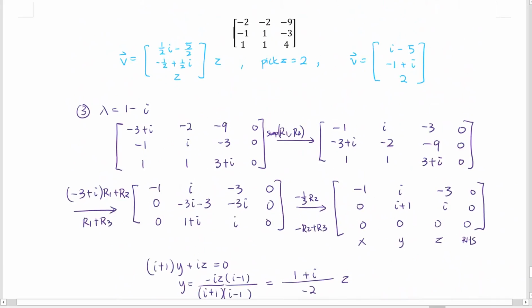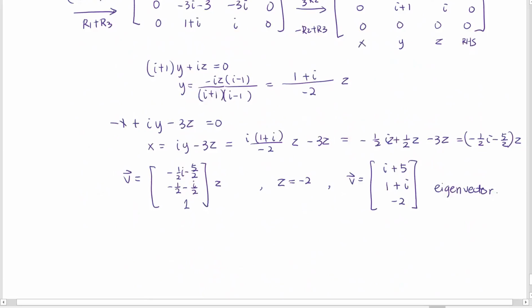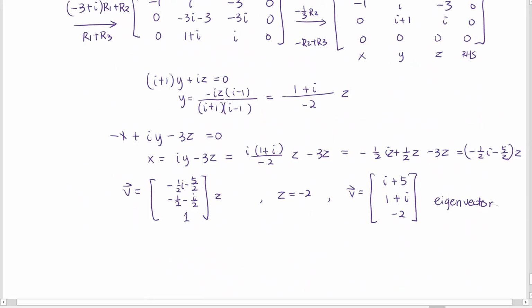So then it will match. It will be 2 and then negative 1 minus i, negative 5 minus i. So they are complex conjugates of each other if we pick z to be 2 here as well. But it's okay. This guy is still an eigenvector. Remember, if a vector is an eigenvector, then any scalar multiple of that vector is also an eigenvector.